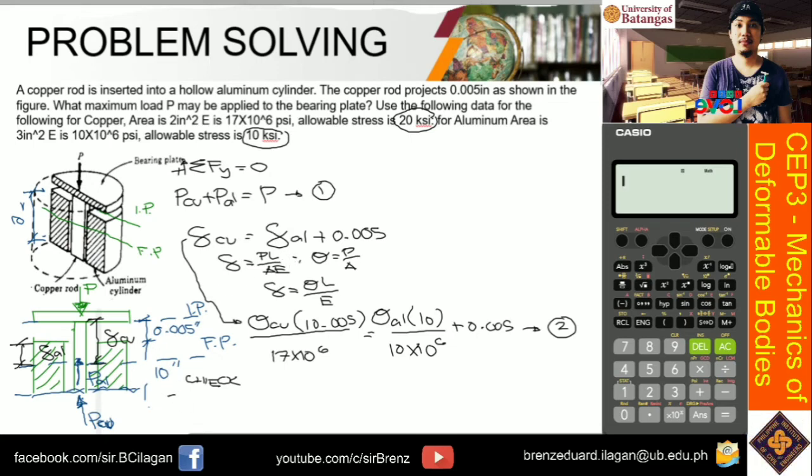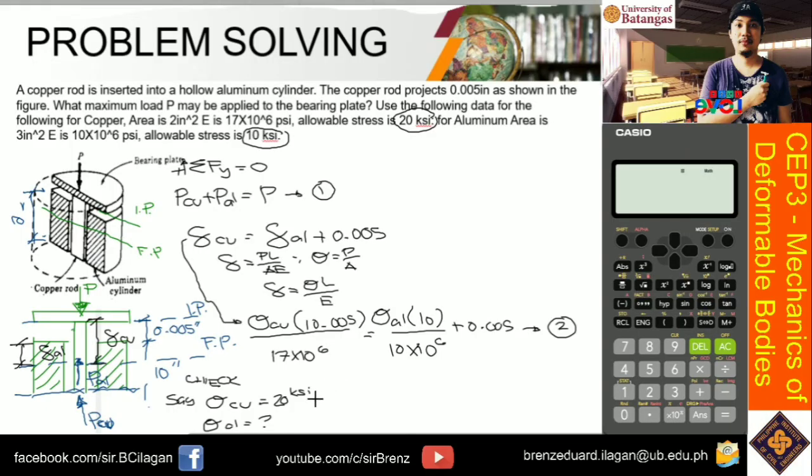So say that yung stress ni copper is equals to sa allowable natin na 20 psi. Okay, so what will be the value of your stress of aluminum? So from that, substitute mo lang yung value ng 20 psi dito sa ating equation number 2. Okay?